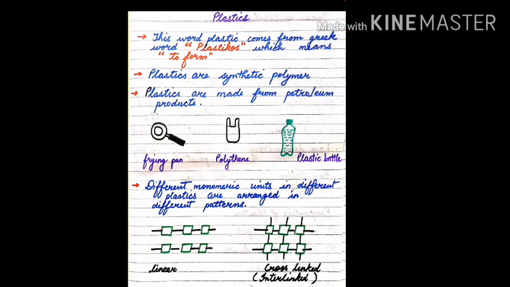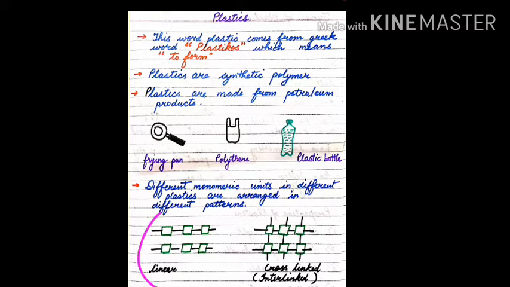Children, as I told you, plastics are synthetic polymers, means different monomeric units in different plastics are arranged in different patterns. Now what are these patterns? Let's understand. As you can see in the picture, here I made two types of arrangement of monomers in a plastic.